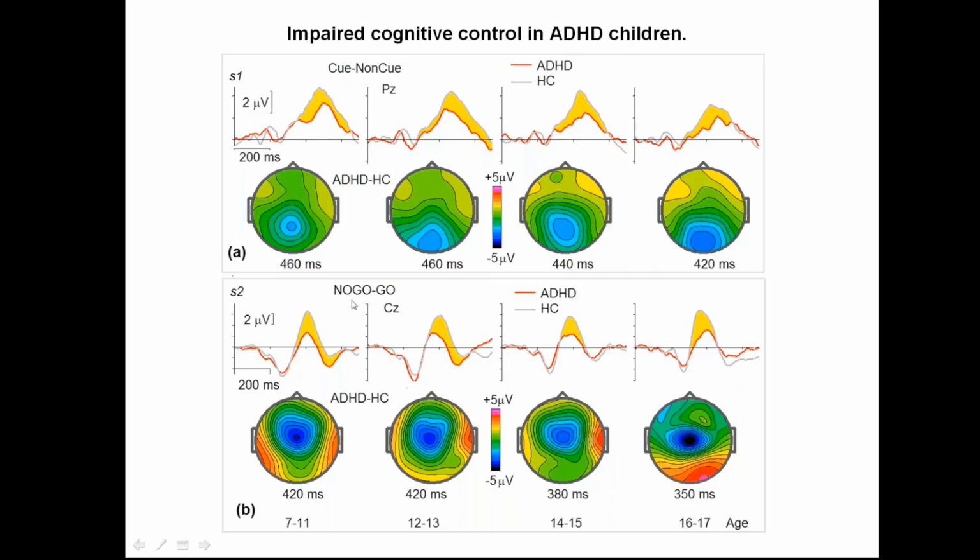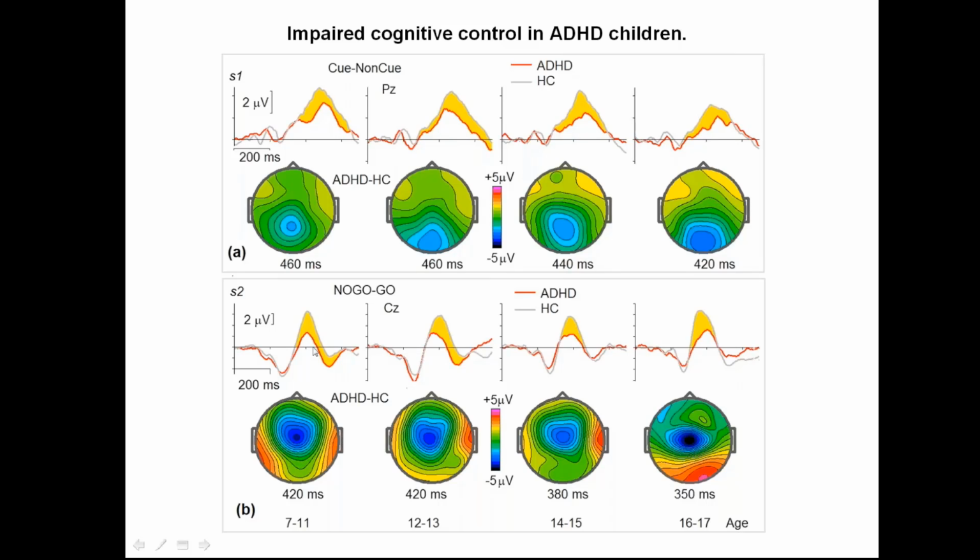So this is a kind of cognitive control component wave. And again, it shows that the P3 difference wave is lower in ADHD in comparison to healthy control. This activity is generated in the pre-supplementary motor cortex in the front of the subject. One has a parietal dysfunction, the other one has a frontal dysfunction.